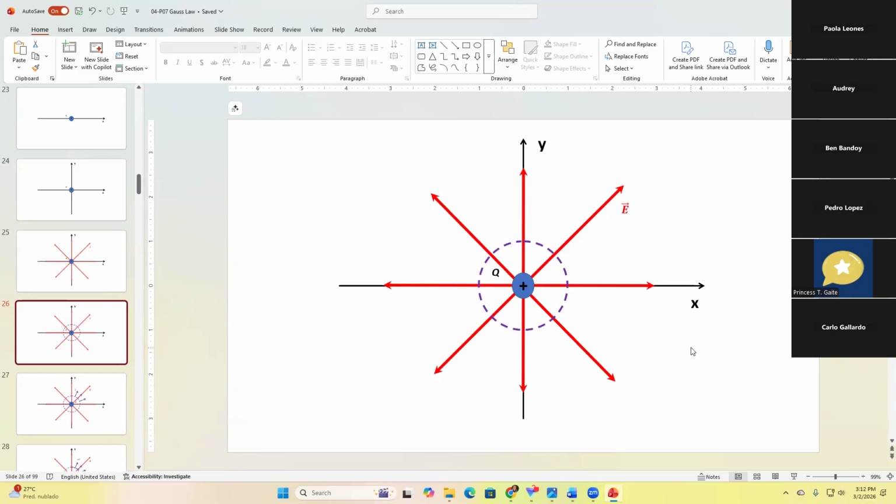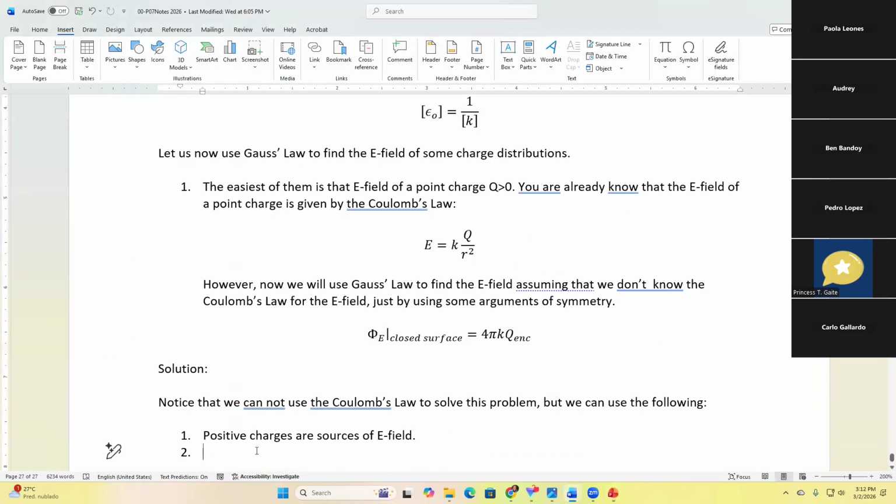And if we draw a sphere around this point, we are going to have a symmetric problem, provided the center of the sphere is at the position of the point charge. So next, positive charges are sources of E field.